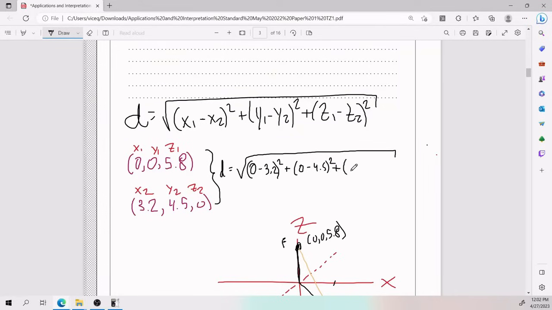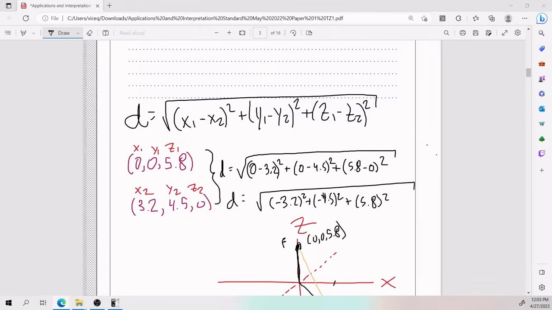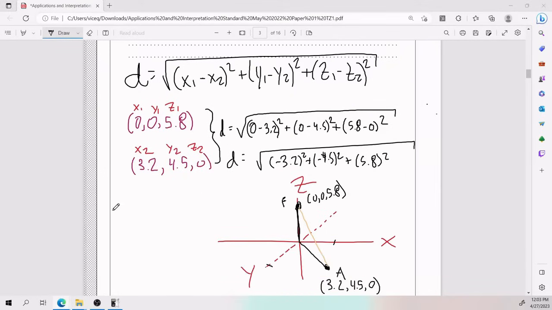Finally, plus z1, which is 5.8 minus 0 squared. See? Alright, so this ends up being square root of negative 3.2 squared plus negative 4.5 squared plus 5.8 squared.